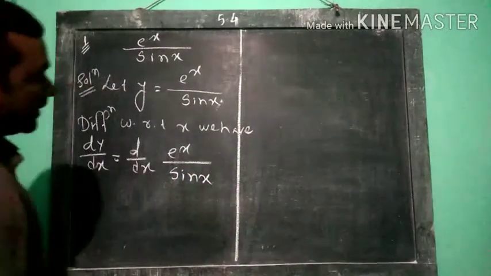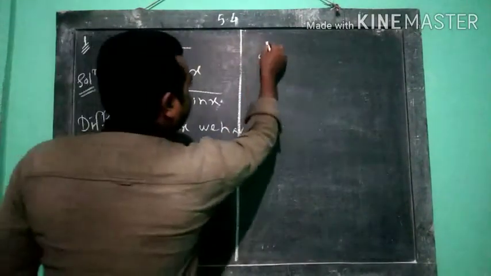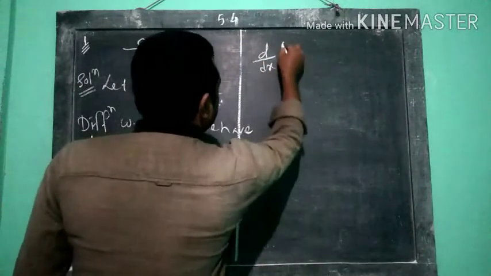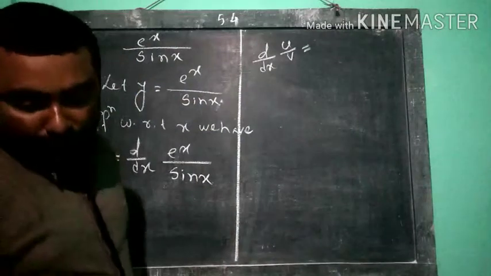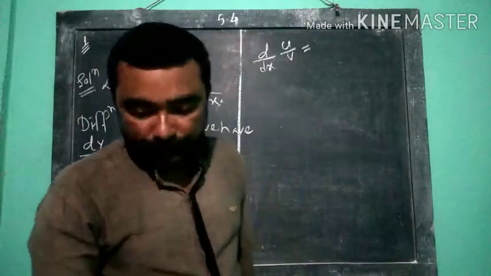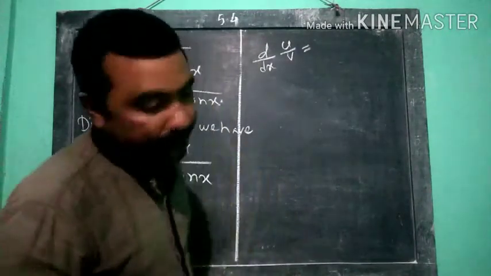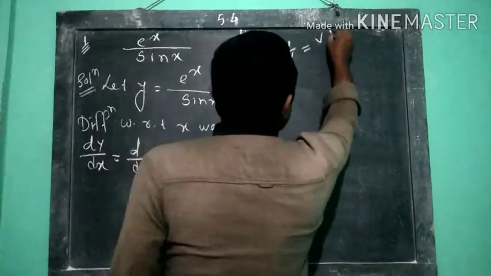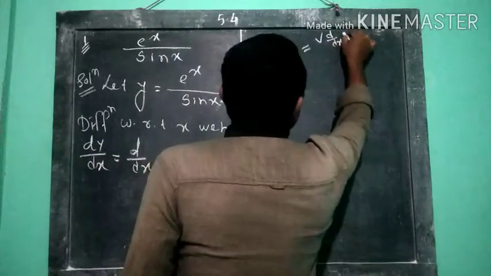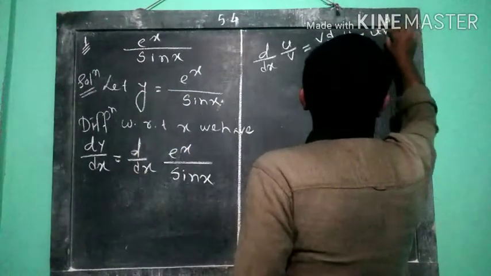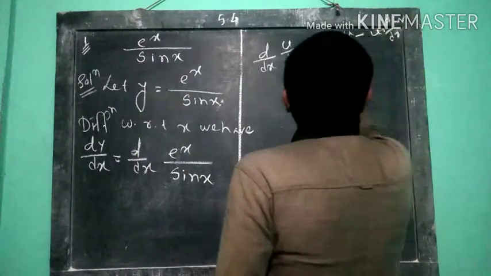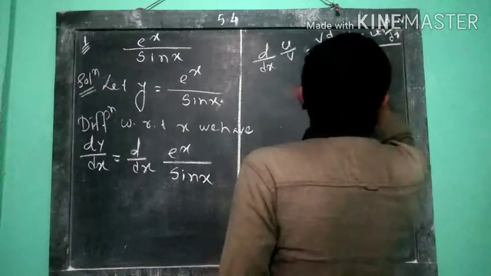In the earlier class, we got the formula: d/dx of u by v is equal to, according to the quotient rule, v into d/dx of u minus u into d/dx of v, divided by v square.